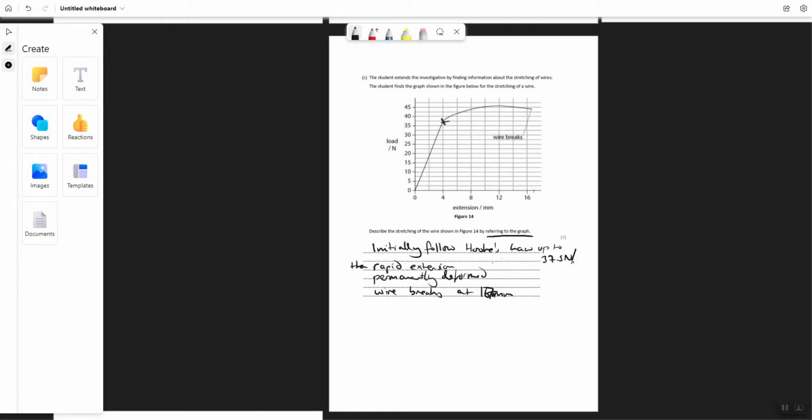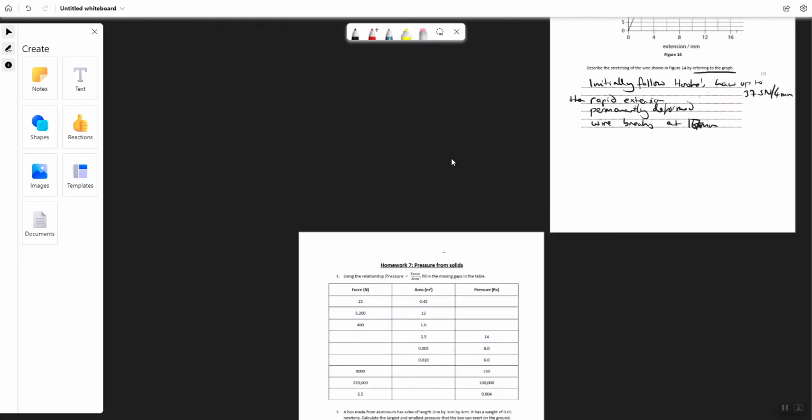You can say 37.9, or you can say 4 millimeters. Some reference to this point here is crucial to get the mark, in terms of what point on the graph it is. What's the force? What's the extension at this point? So if they ask you to refer to the graph, make sure you're referring to what that's doing. Okay, and that was our question on Hooke's law.